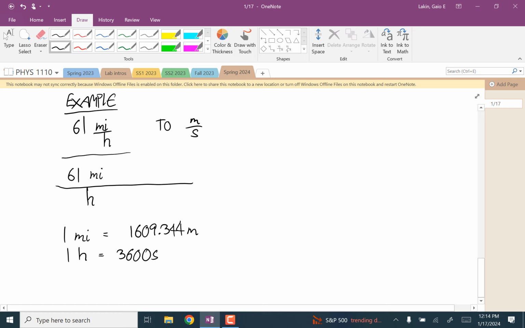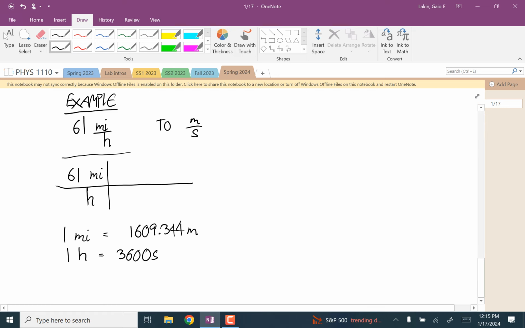Okay, so I'm starting with 61 miles divided by hours. If I want to convert the miles to meters, I know I'm going to use this conversion between miles and meters. Do I want the miles to be in the numerator, the top of the fraction, or in the denominator for the conversion factor? Denominator, right, because the miles here are my unwanted units, and I want to cancel those out.